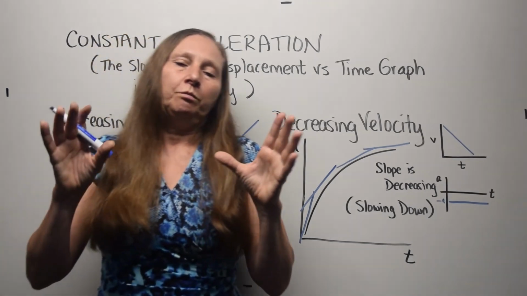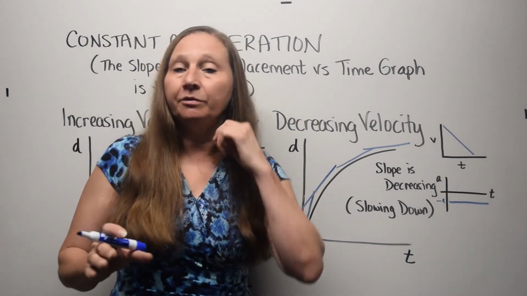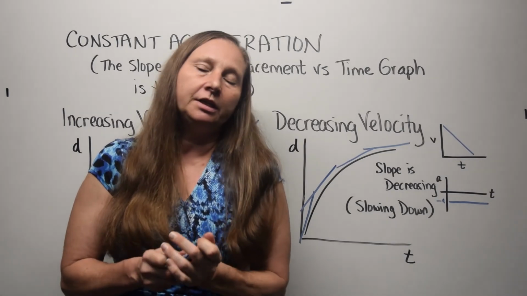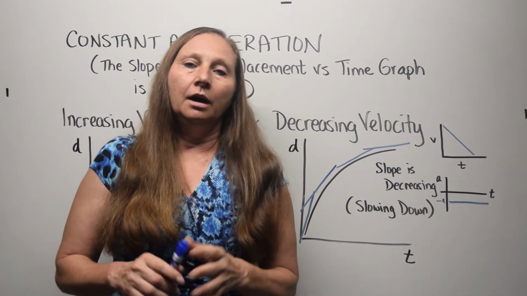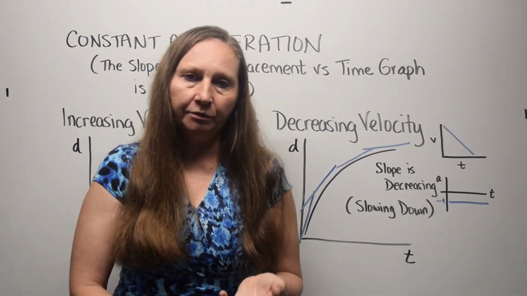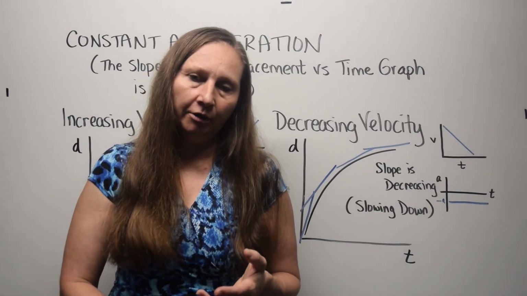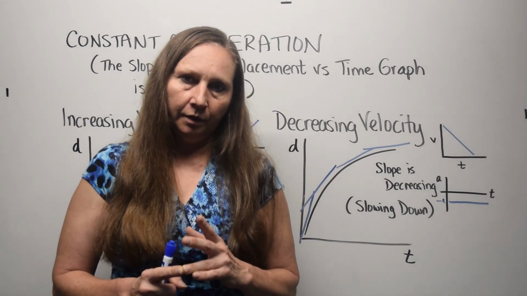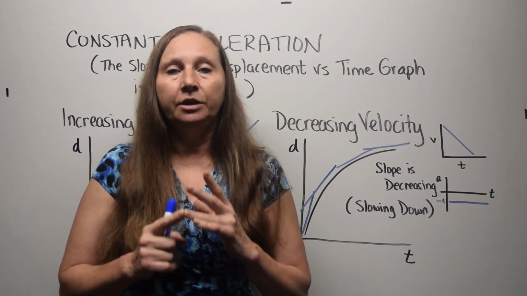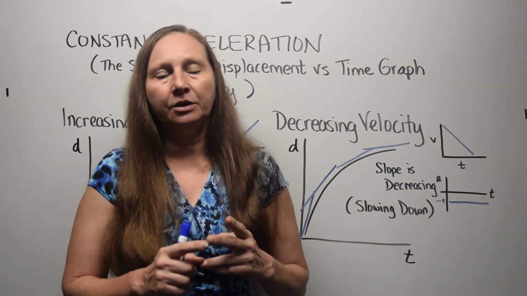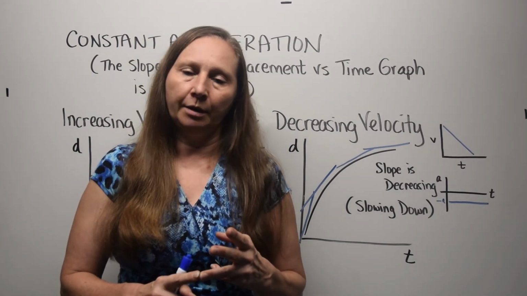All right, so what you want to get out of this video is that there are three basic types of motion. You've got zero velocity, constant velocity, constant acceleration. Those three types of motion can be put on three different graphs. You've got the displacement time graph, the velocity time graph, the acceleration time graph.